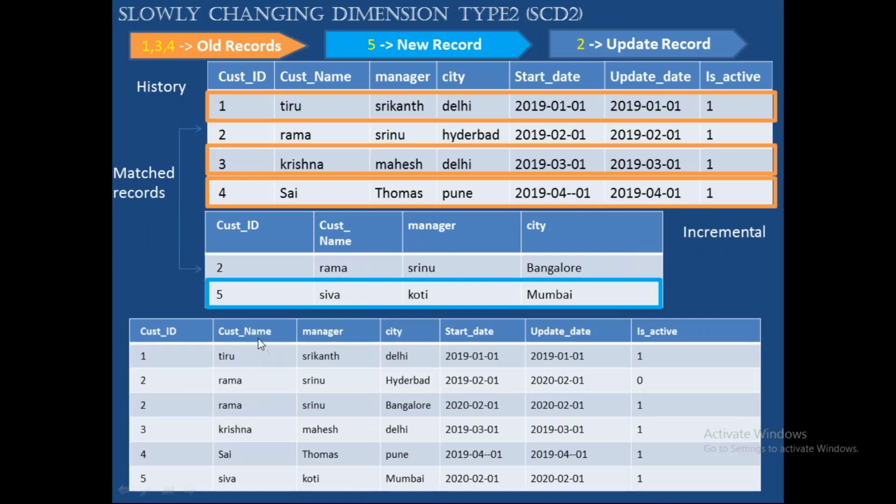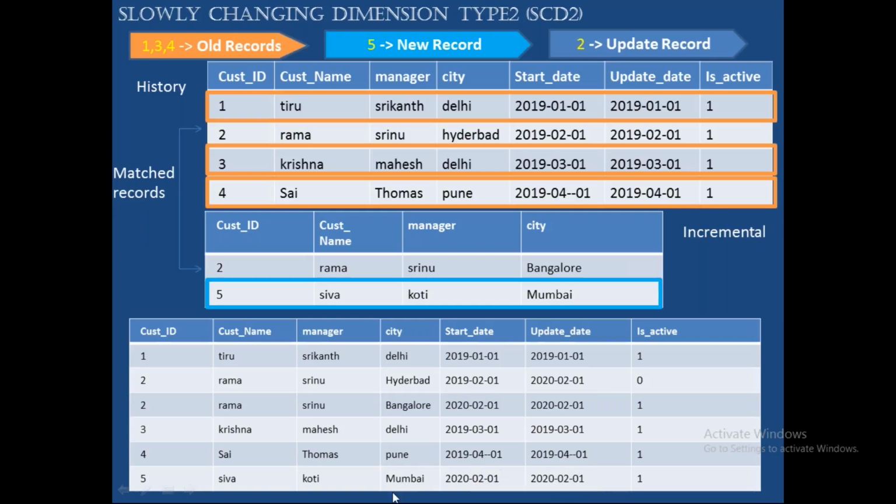Customer ID, customer name, manager, all these things, but you see 1, 3, 4, there is no change. Just focus on the fifth one. The fifth one is inserted recently, right? So Siva, Koti, Mumbai, and here start date and updated date.